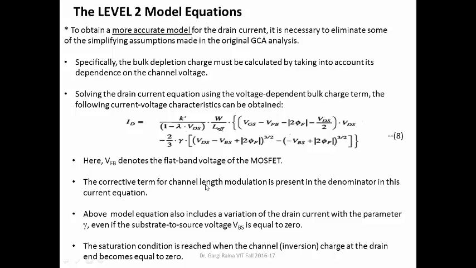The corrective term for the channel length modulation is present here in the denominator in this current equation. So this above model equation includes a variation of the drain current with the parameter gamma, even if the substrate to source voltage VBS is equal to 0. So we have included this body effect parameter even if we consider VBS equal to 0.